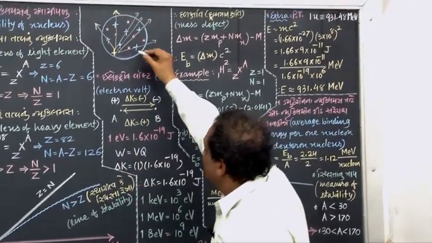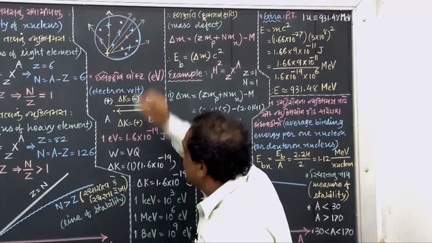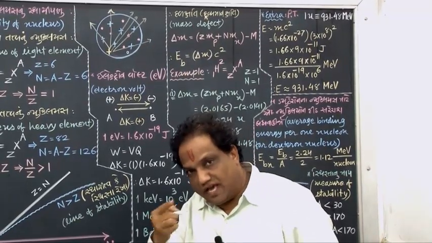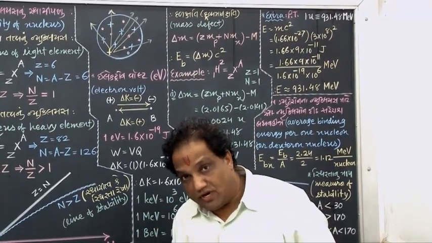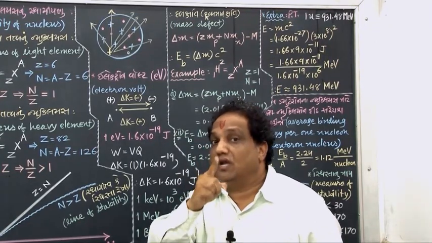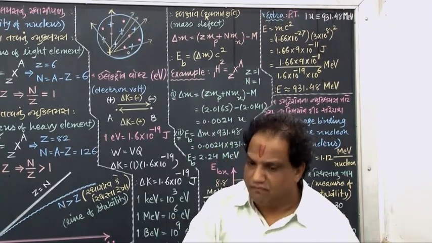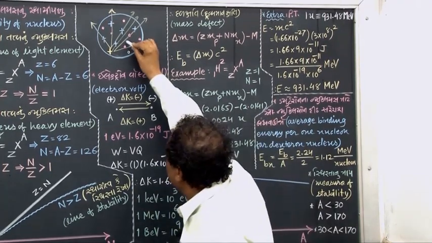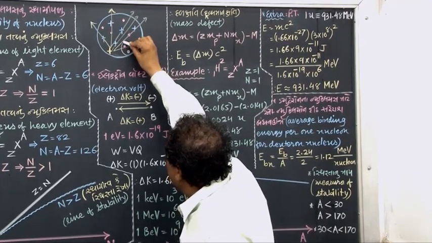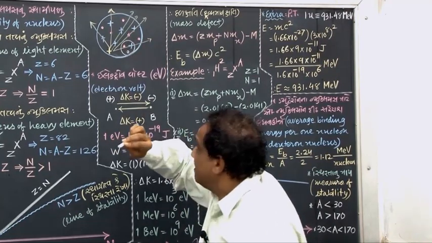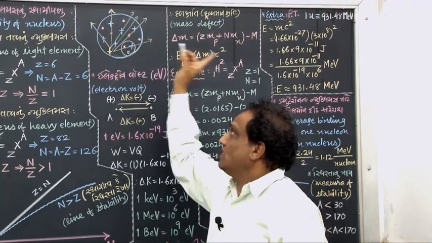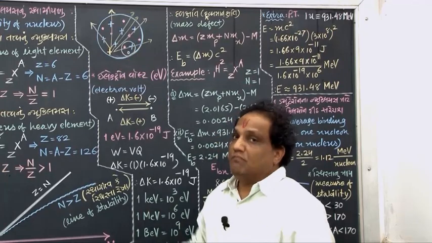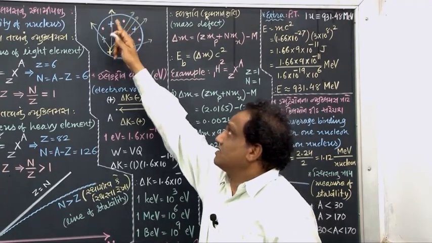Look, if I add 1 neutron here, no doubt it will exert attractive nuclear forces, but only on the neighboring nucleons, because nuclear forces are short range forces. So from this region, enough attractive force will prevail so that no nucleon will go out of this region. But what about these far regions?